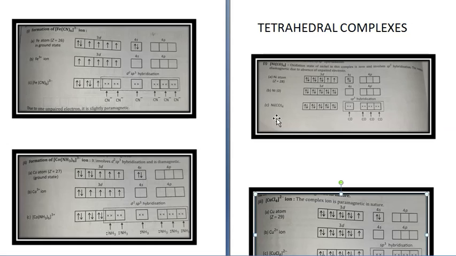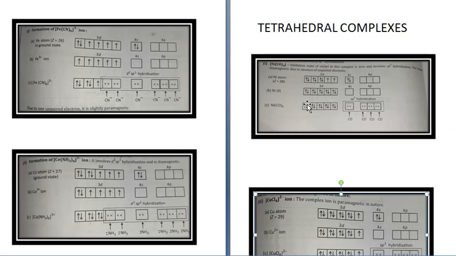Oxidation state of nickel in this complex is 0, and it involves sp³ hybridization. If you look at nickel atom, atomic number is 28. So the electronic configuration becomes 4s² and 3d⁸. So 3 of the 3d are filled with 2 electrons and 2 of them have 1 electron each.